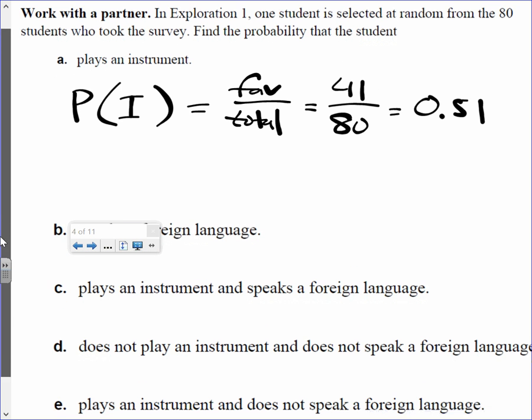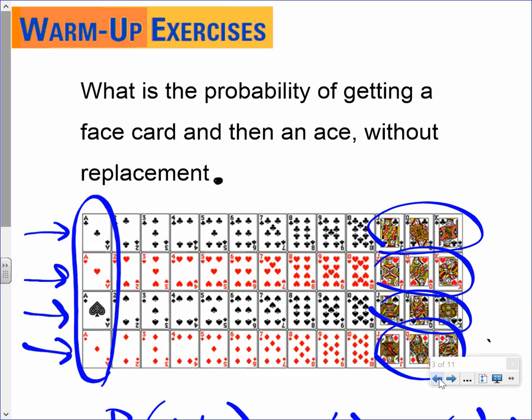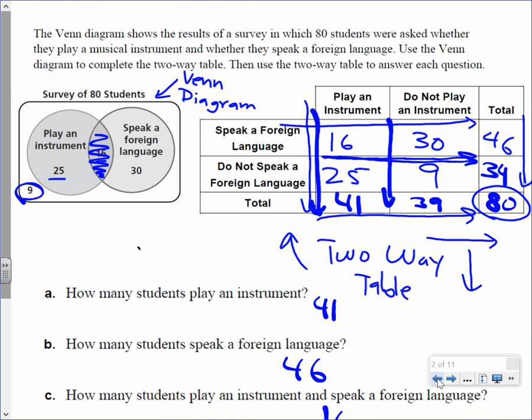Let's do one more. We're going to do C, D, and E tomorrow. Let's try B, though. Speaks a foreign language. So let's see. How many spoke a foreign language? That's everyone in the circle. That's the 30 plus the 16, which would be 46.